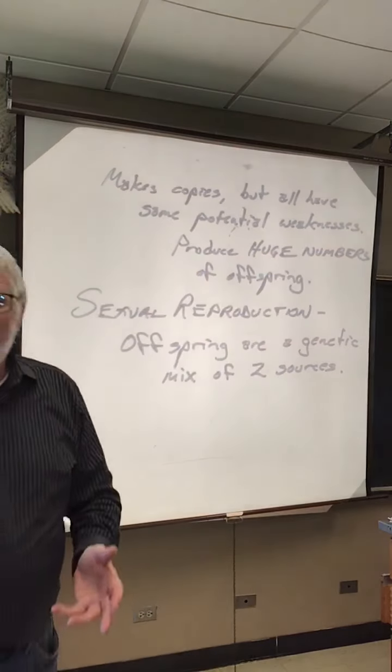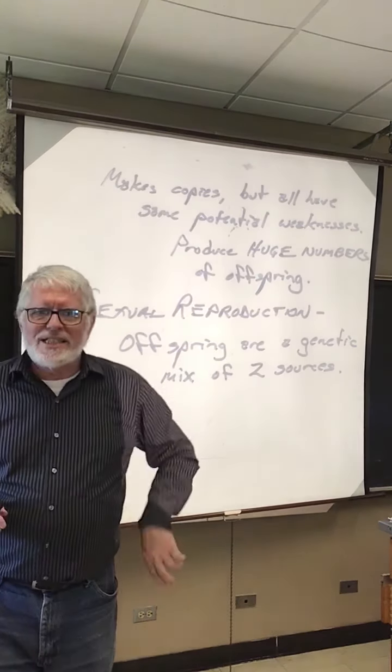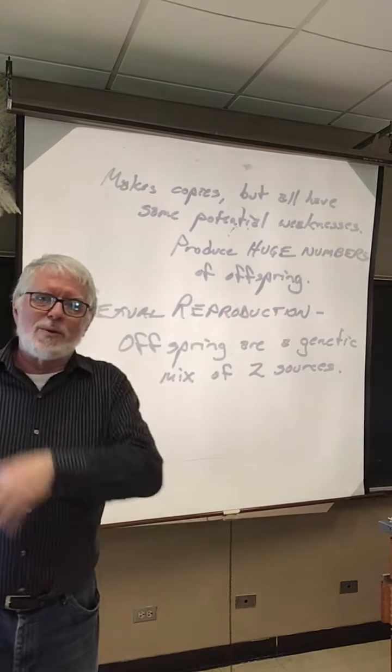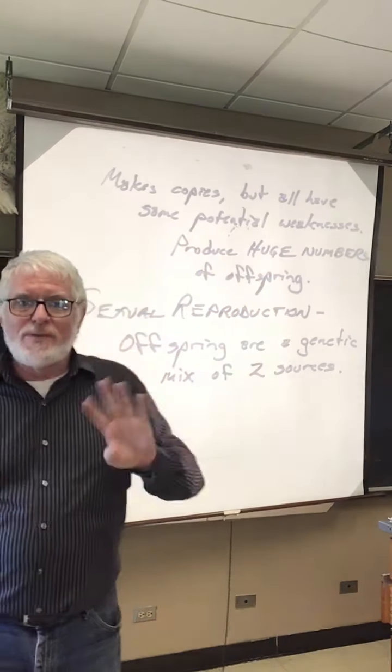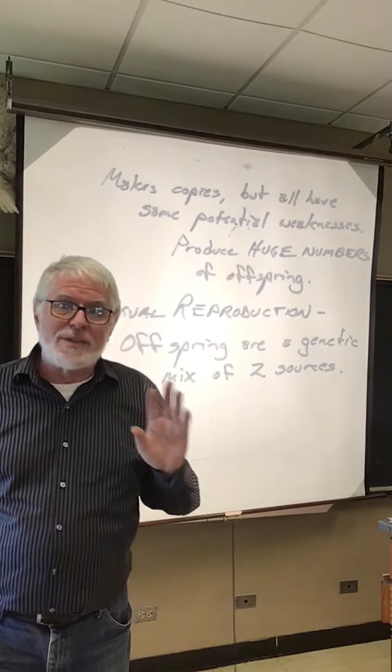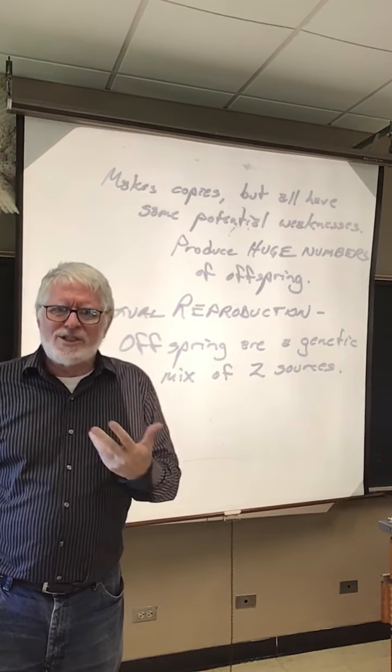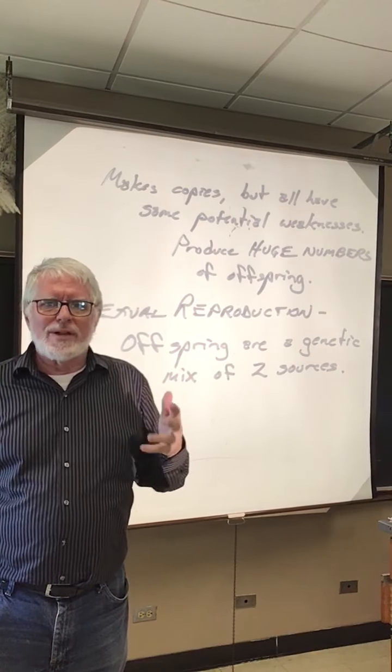In things that sexually reproduce, they have two matching sets of codes. We have two sets of chromosomes. You got one set of chromosomes from your mother, one set of chromosomes from your father. They have genes that make all the same proteins, but they may not have exactly the same codes. You're a mixture of codes from two parents.